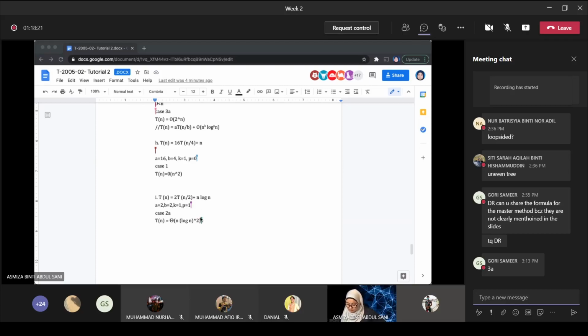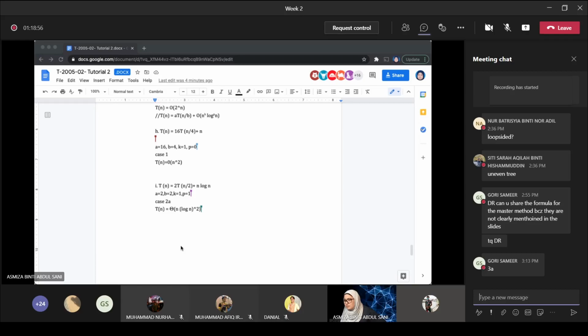So if p is equal to 1, case 2a, so n to the power of k, n log to the power of p plus 1, so log squared n. Is it the same if we put it like that? Log squared n. I think it should be the same.